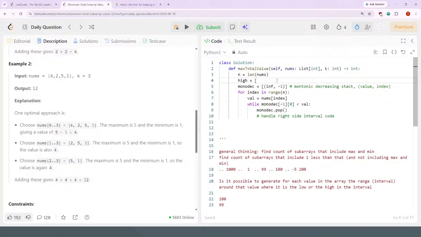I don't think this works. I think it's like -1 for that in range.